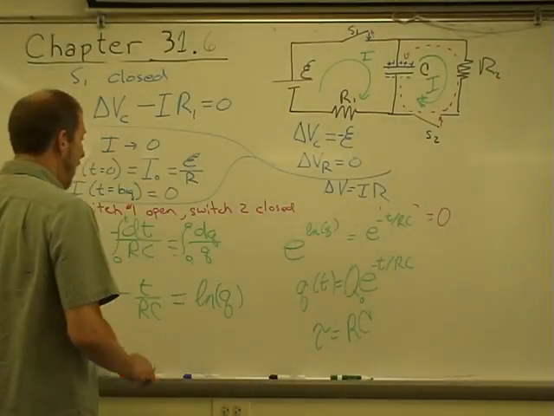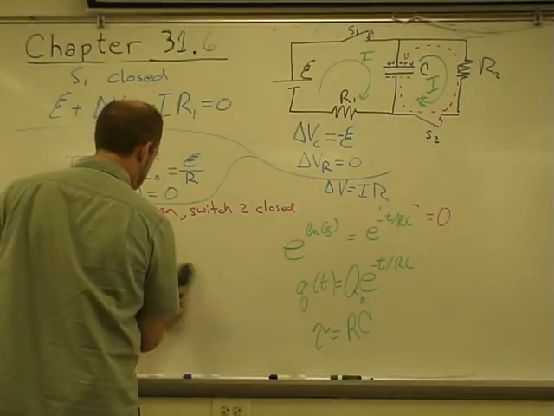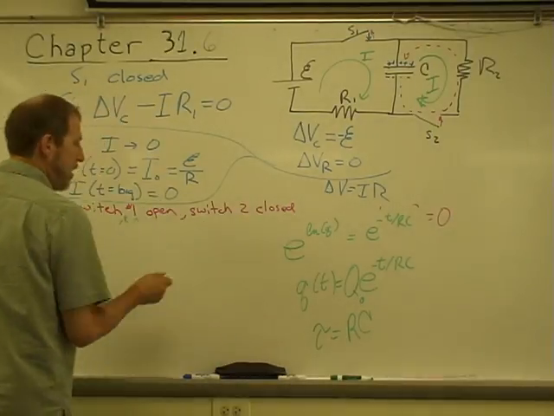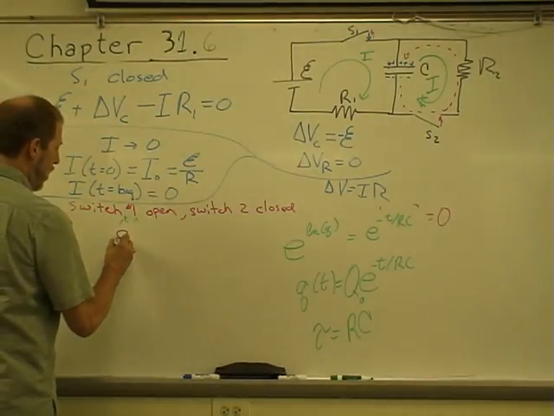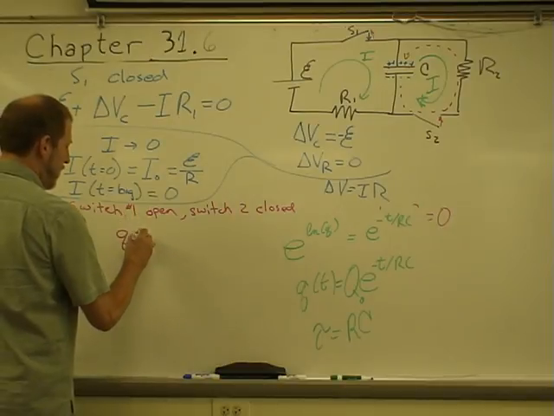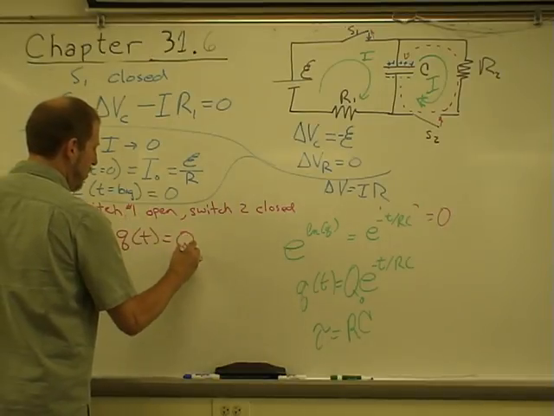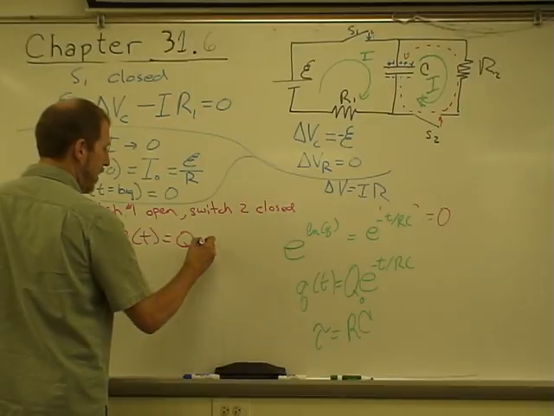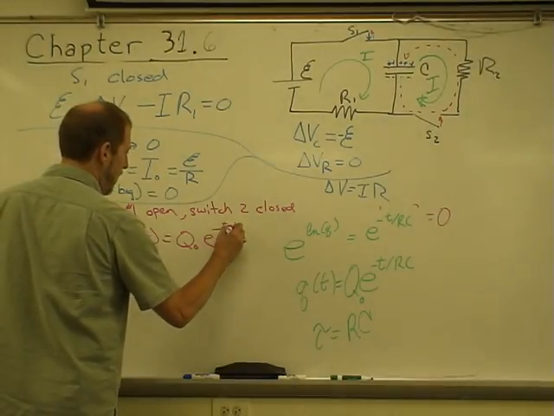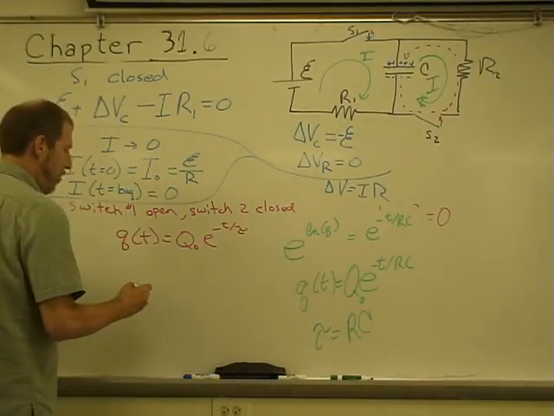So the charge on the capacitor as a function of time is equal to the maximum charge times e to the minus t over tau.